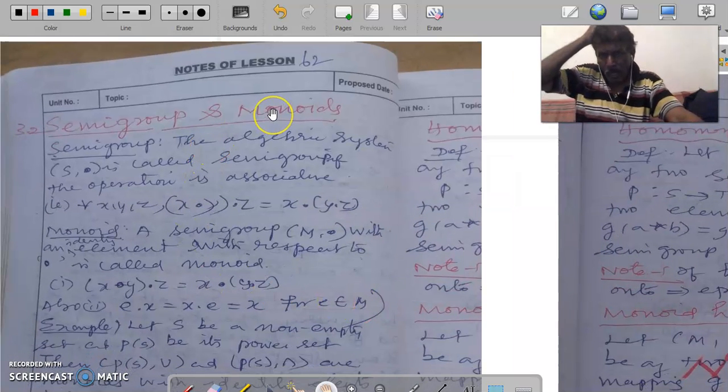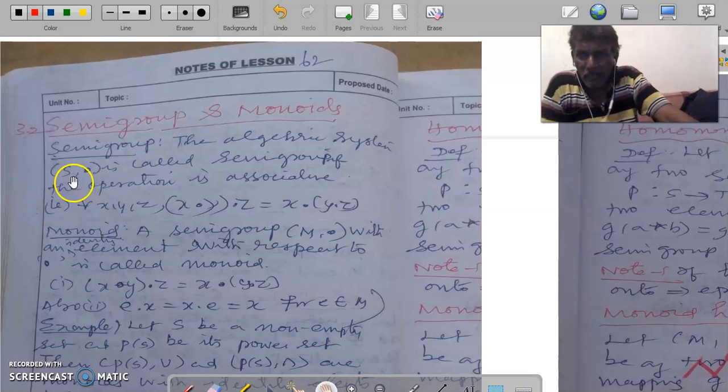Semigroup and monoid. What is a semigroup and what is a monoid? The algebraic system (S, dot) is called a semigroup if the operation is associative. Then we say that the structure (S, dot) is a semigroup.